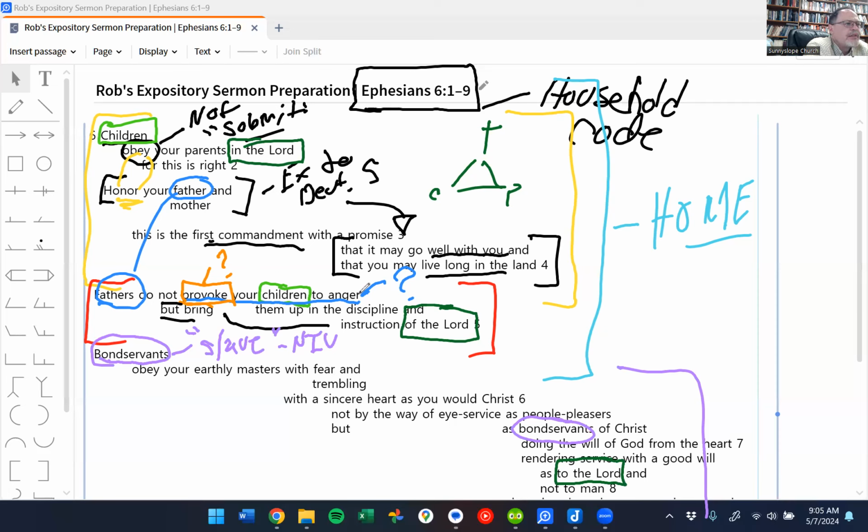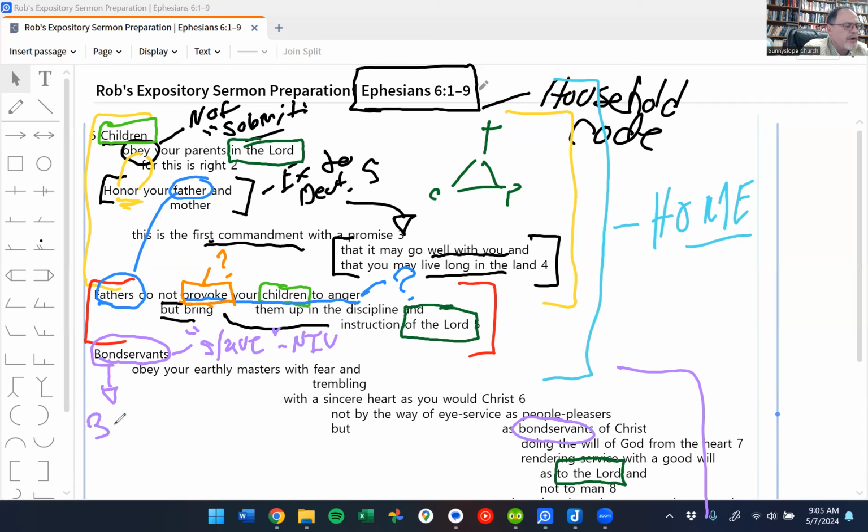And that's an understandable conclusion, but I think it's inaccurate because it's based on a misunderstanding of what it meant to be a bondservant. Bondservants, now, it wasn't always a good thing, right? A master could mistreat his or her bondservant, but to be a bondservant was pretty common.